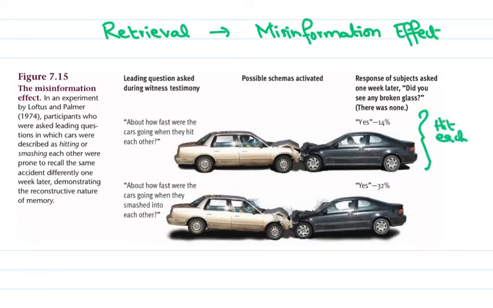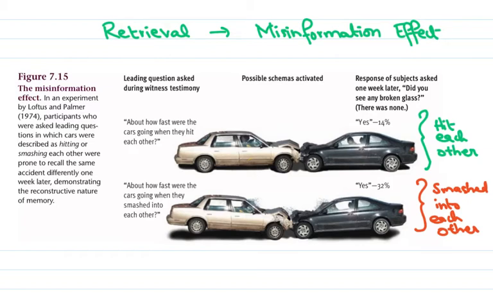These are the words you used to describe the video that they were watching. Whereas for another group of participants, you said that the cars smashed into each other. Now, this is basically just using different words to describe the same phenomenon.